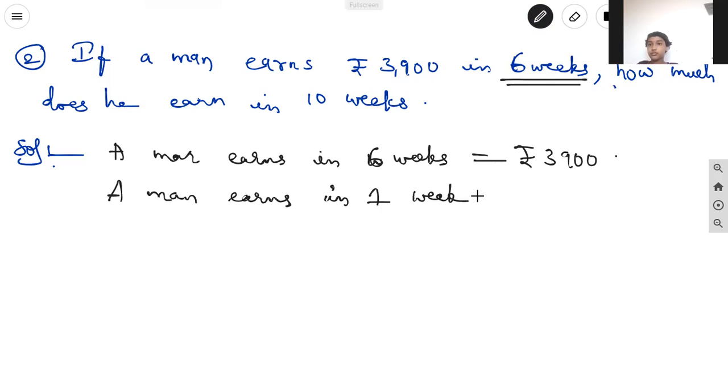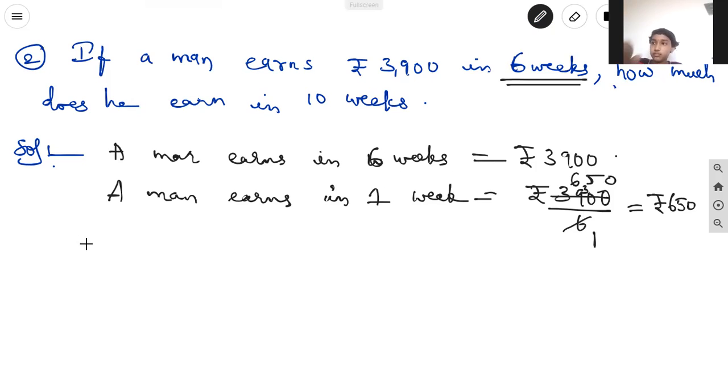In 1 week means we divide the 6 weeks amount by 6. 6 1s are 6, 6 6s are 36, 3 is the remainder after subtraction, 6 5s are 30, 0. The 1 week earning is 650.